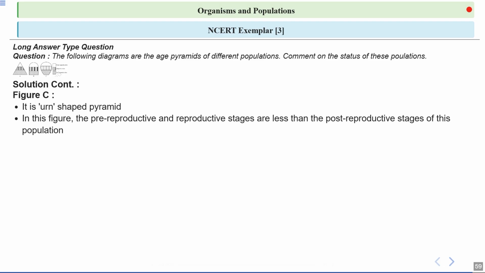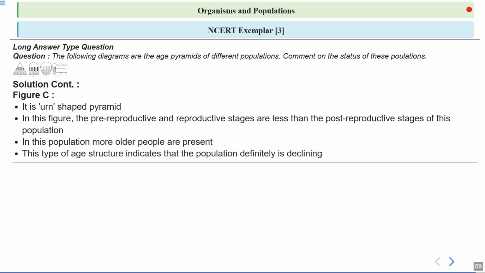So this population will decline because more individuals are in the post-reproductive phase, and fewer individuals are in the pre-reproductive and reproductive stages. There are more older individuals here, and older individuals have lost the ability to reproduce. So here the population will decline.